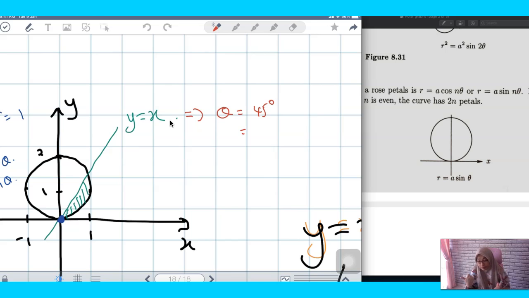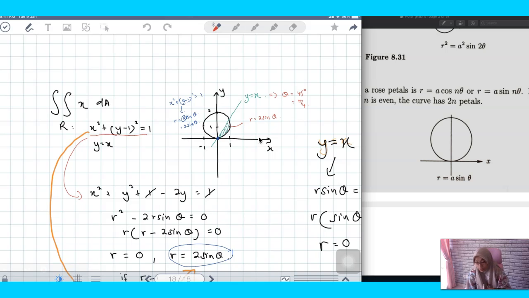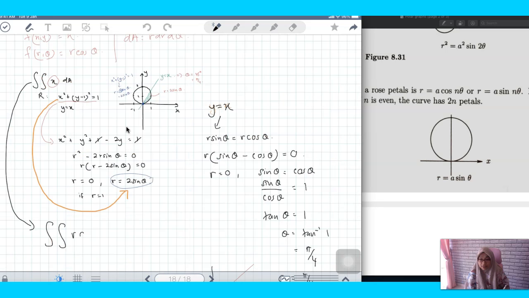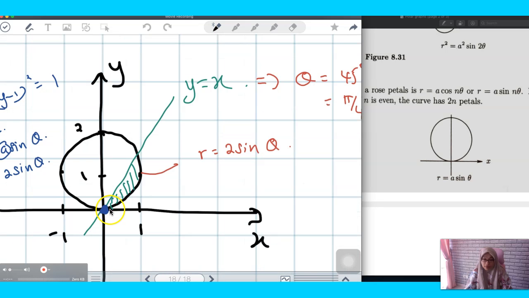Okay, r equal to the equation, into your integral. So you have to convert into r. So now we have r cos theta. Okay, the limit. So now look here. Meaning that you're starting from 0, because we know the y axis, so the angle starting from 0 is the y axis.